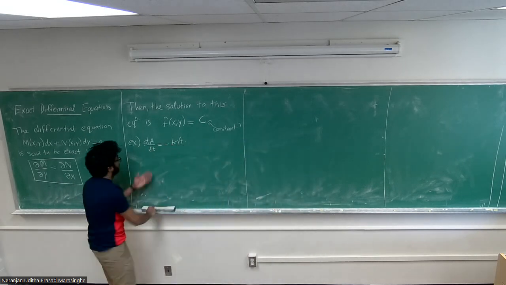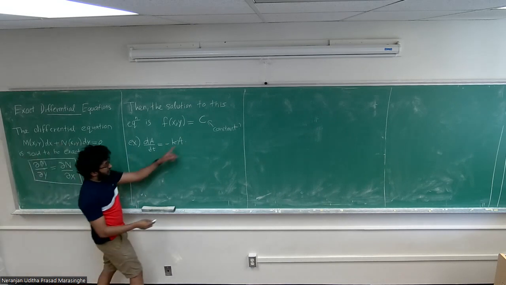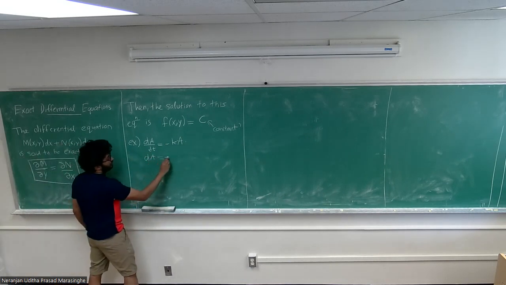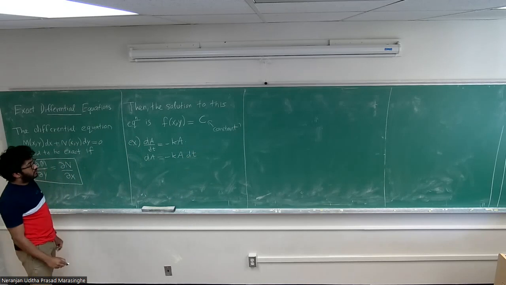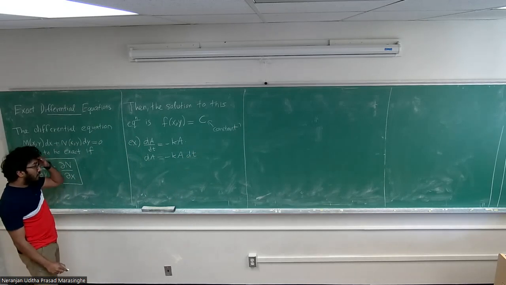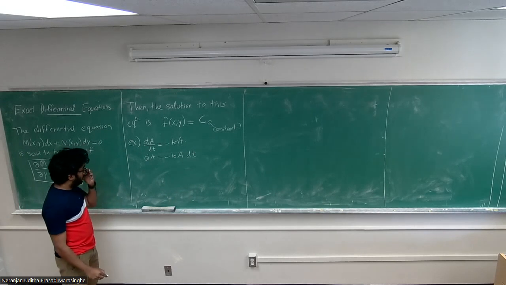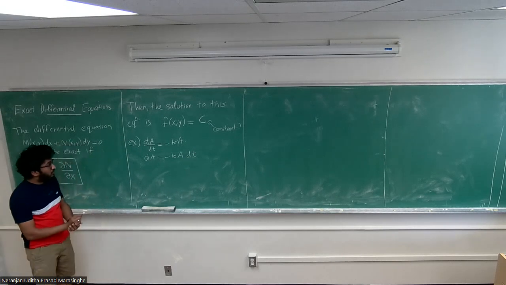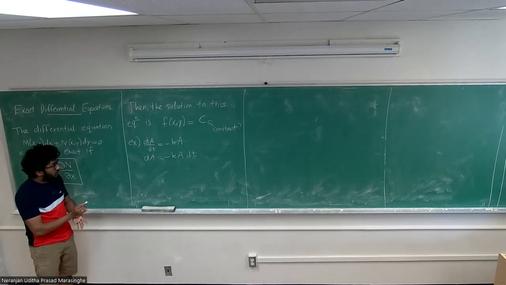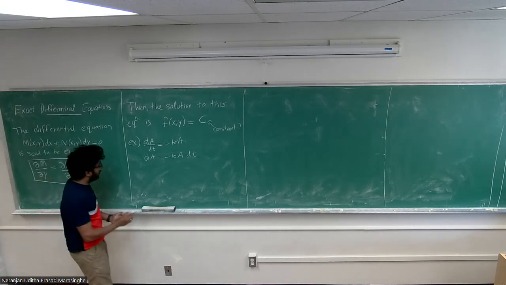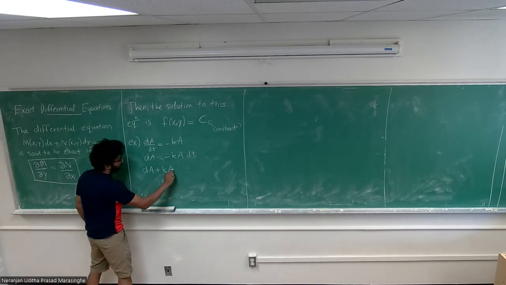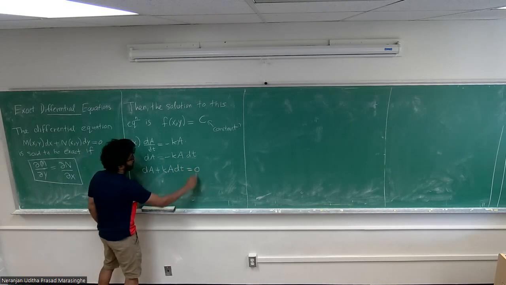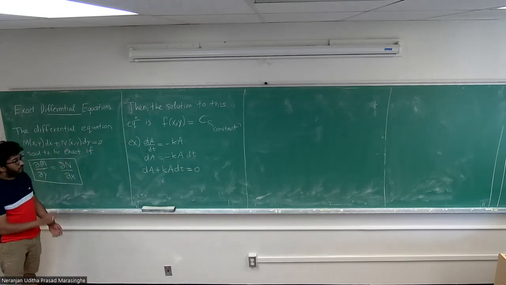So this is the equation for radioactive decay. I would take dt, so dA is equal to minus kA dt. Then the next step is dA plus kA dt is equal to 0.